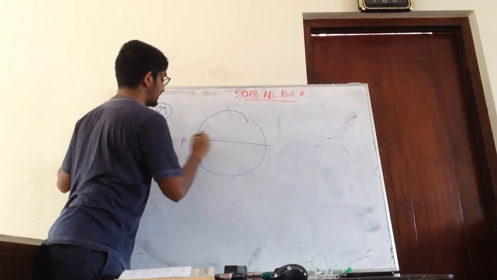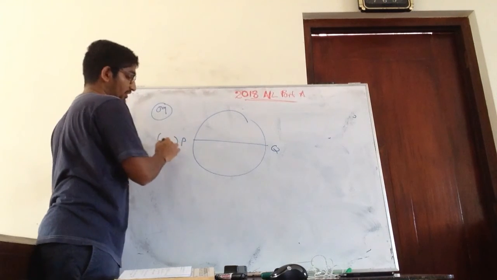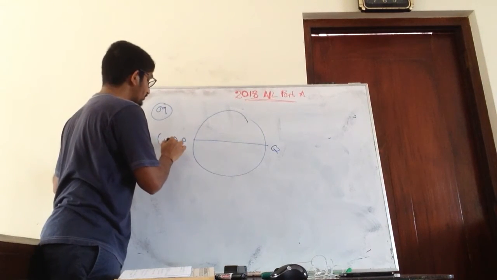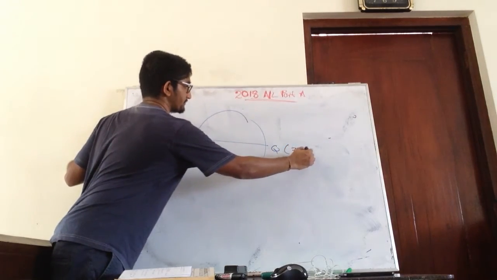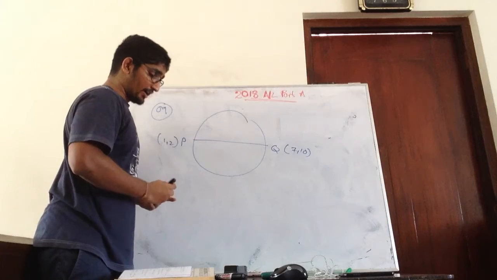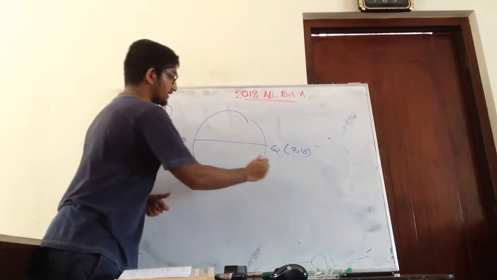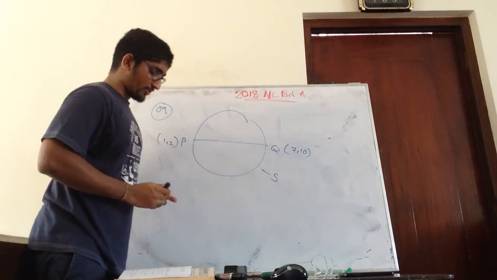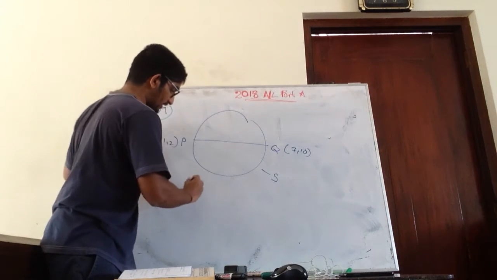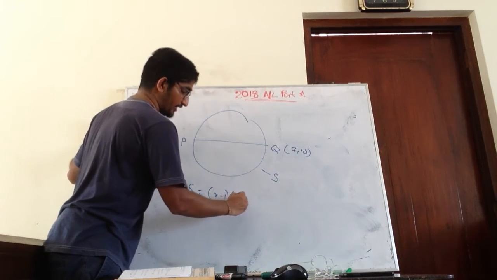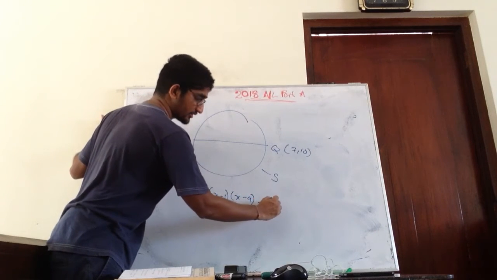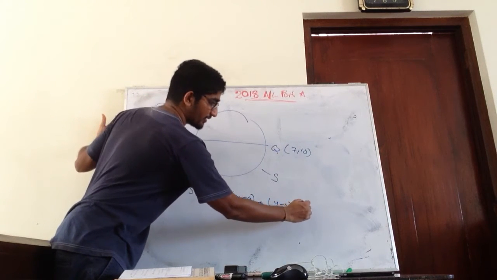So there is a P here, Q here. P is 1, 2, Q is 7, 10. Right? And this is the circle. They are asking, so the circle equation is given as x minus 1, x minus a plus y minus 2, y minus b.